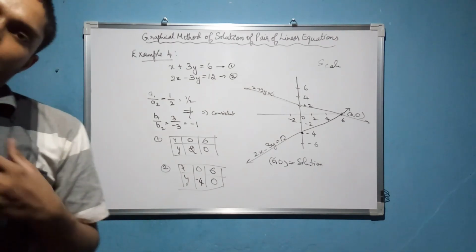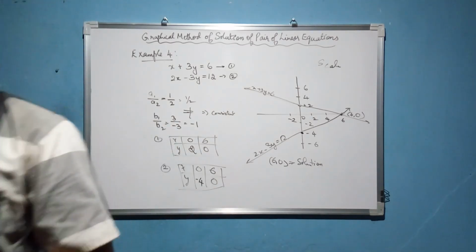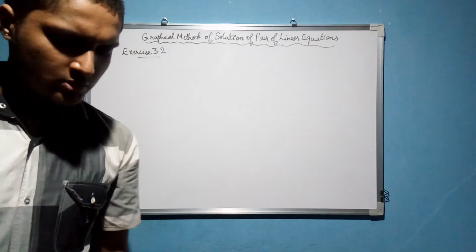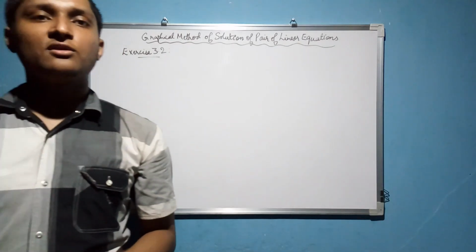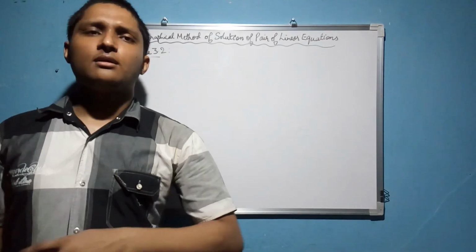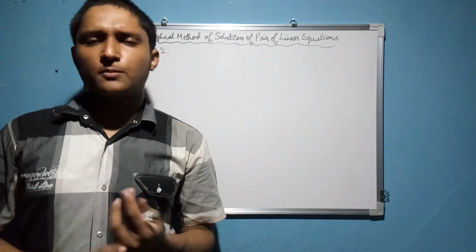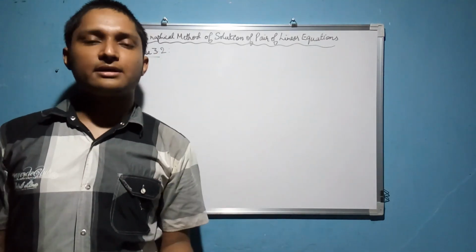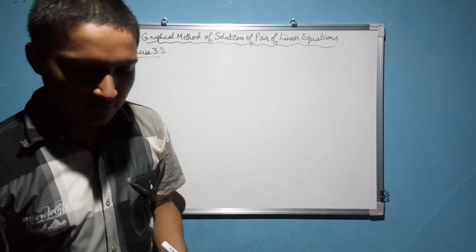Okay, now we are going on to the exercise. You have exercise 3.2. The first question is just forming the equation. However, the remaining exercises are mainly based on forming the equation and then solving algebraically. So I'm going to skip the first question.